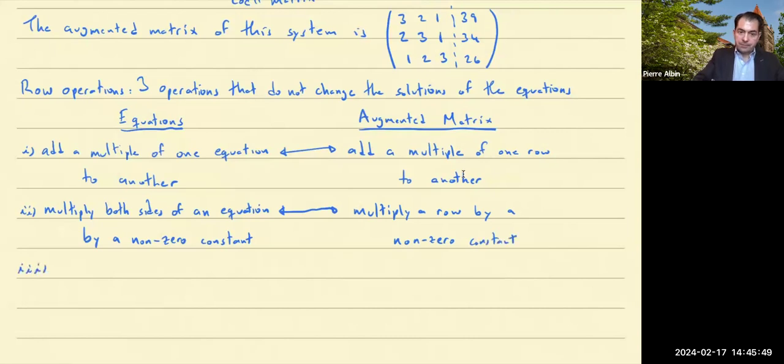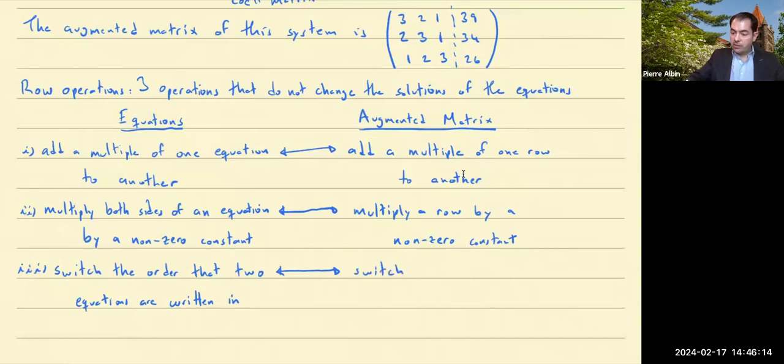And then finally, you can switch the order that two equations are written in, and that certainly won't change the set of solutions, which at the level of the augmented matrix means that you can switch the order of two rows.